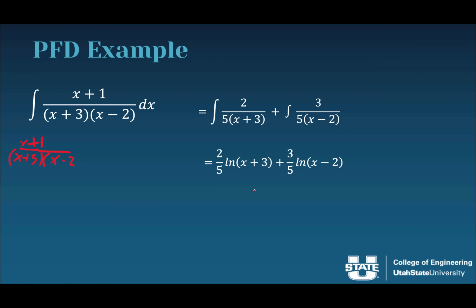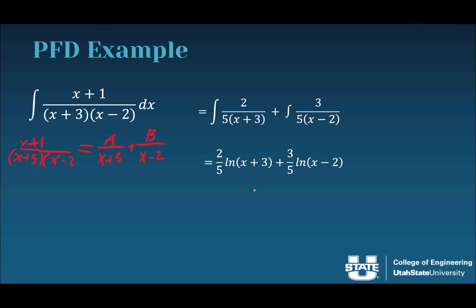We can say that this is going to be equal to some value a over x plus 3 plus some value b over x minus 2. That's the start of partial fraction decomposition.